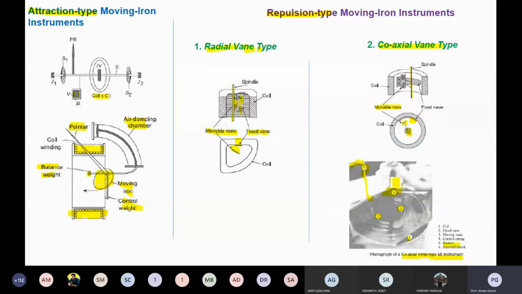Definitely the external shield is important for a moving iron instrument because of what? Because external magnetic fields have some effect on the system. For an attraction type, no shield is required, because on the outer side the electromagnet is there, so that will protect the internal moving iron.